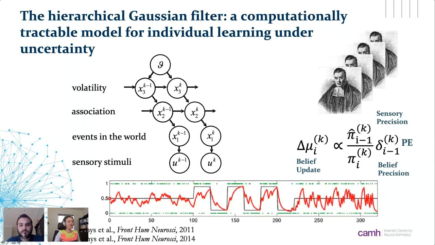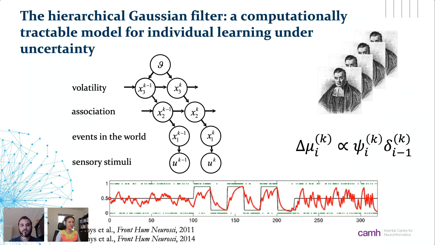Even when we present the same input structure, now the size of that belief update is much larger because the agent is expecting there to be an additional change in environmental context. So this reflects learning, the learning rate as a dynamic process. The degree to which we take prediction errors into account depends on how volatile the association strength is perceived to be.